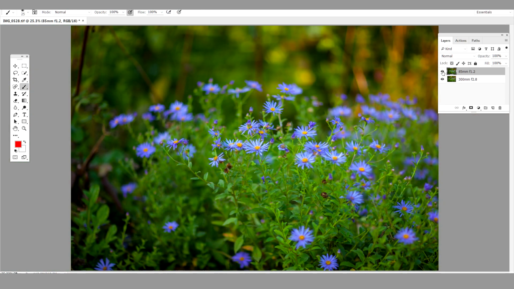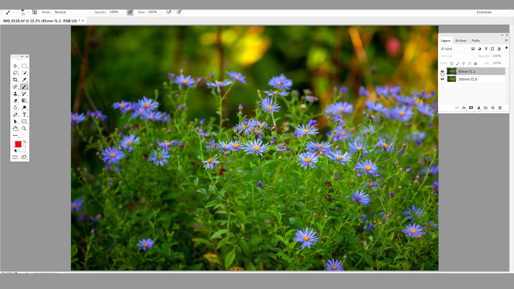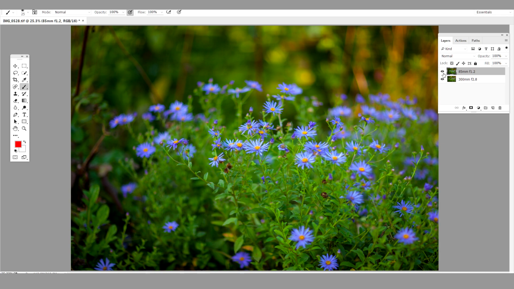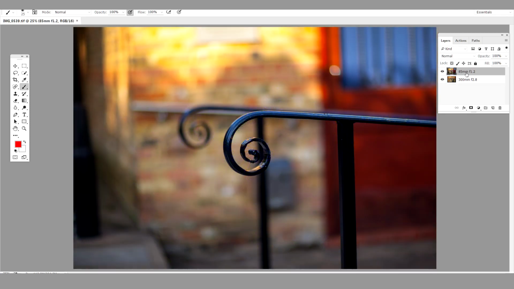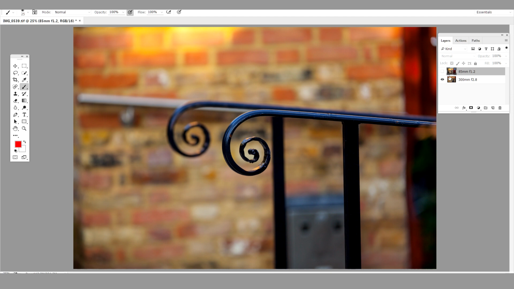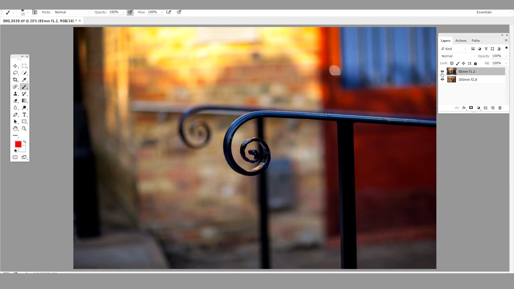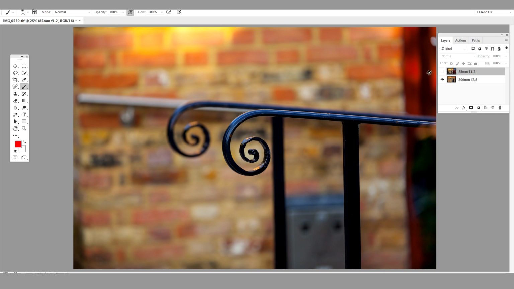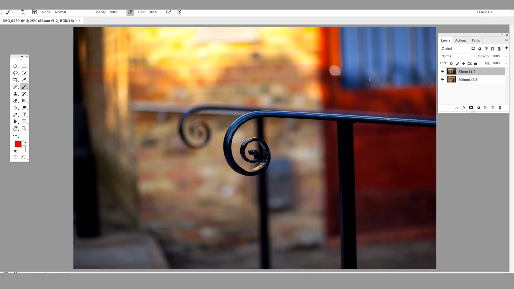So 85mm 1.2 shows a wider field of view, which is understandable. Let's have a look at another one. This is 85mm 1.2 and this one is 300 2.8. As you can see, this S form is pretty similar, but the background is a bit different.